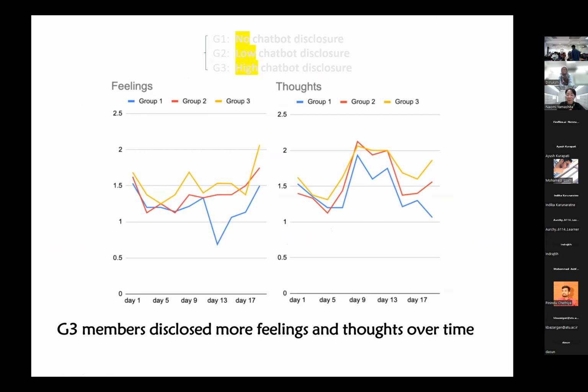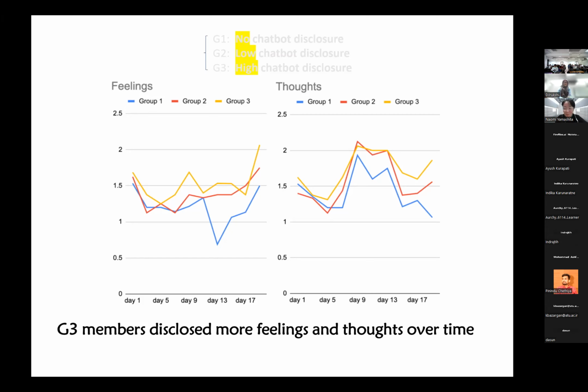So we had two coders measuring the depth of feelings, and we had some examples like this is no disclosure of feelings, no disclosure of thoughts, and this is level 1, level 2, level 3, and we had two coders coding those, and we calculated their average. So it's not a standardized depth measurement or emotion measurement, nothing like that. More like how long they engaged in a topic.